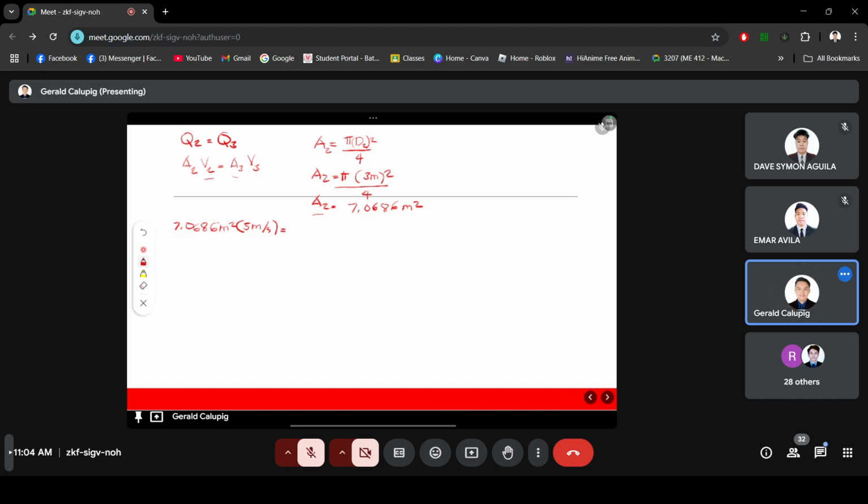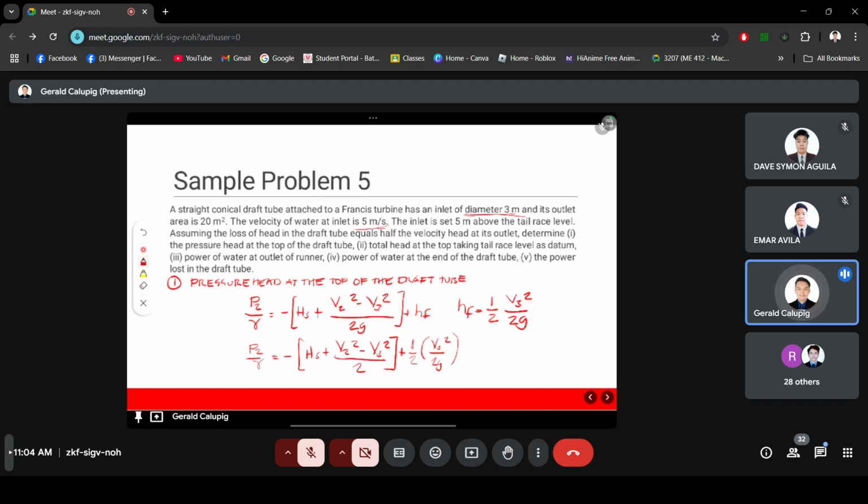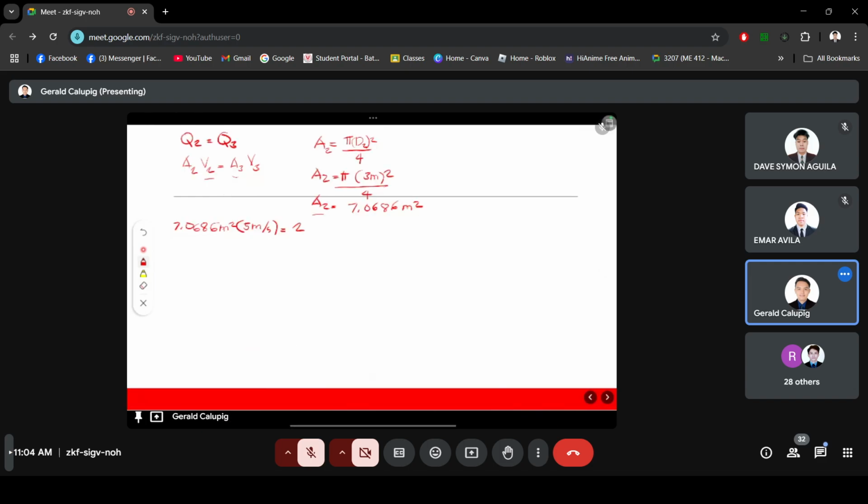Our A3 is stated that the area at the outlet is 20 square meters.